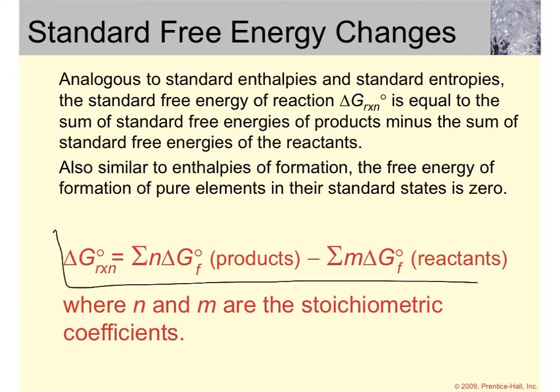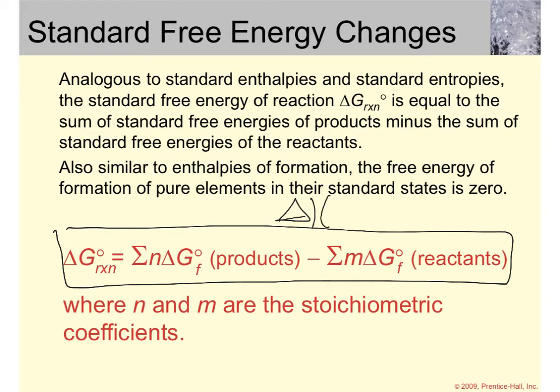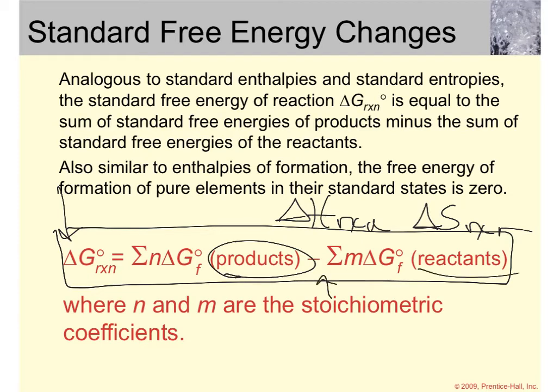It's the same format of equation that we used for change in enthalpy for a reaction and change in entropy for a reaction. We can do the same process to find the change in free energy for a reaction or any process. And so, of course, again, it's products first and then minus reactants.